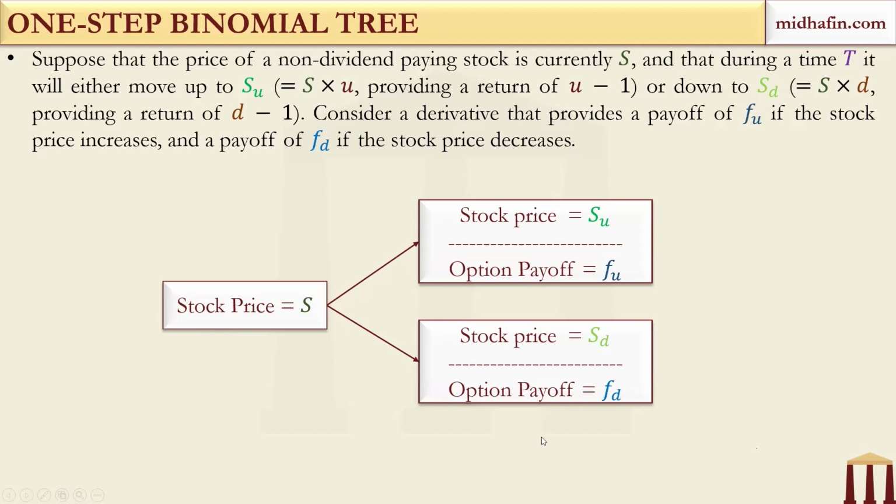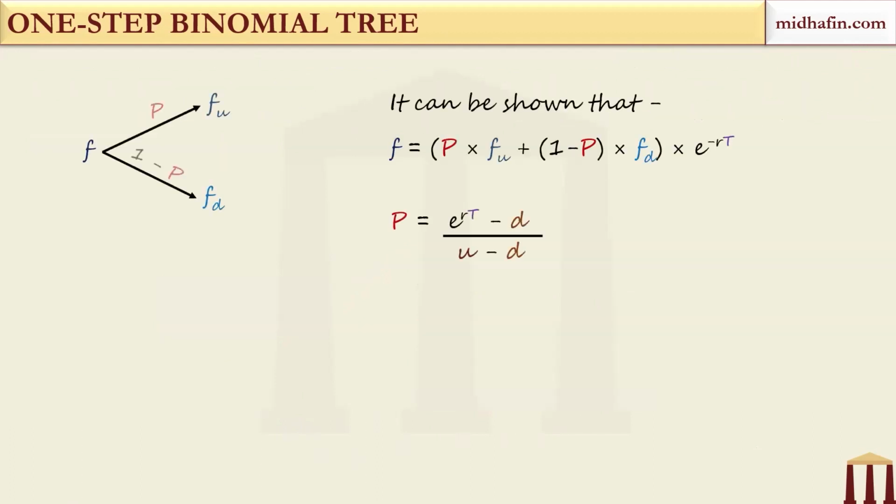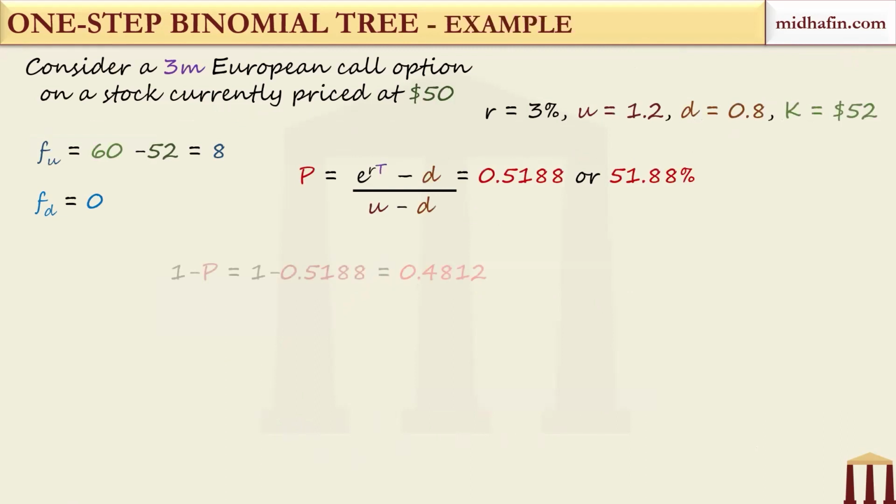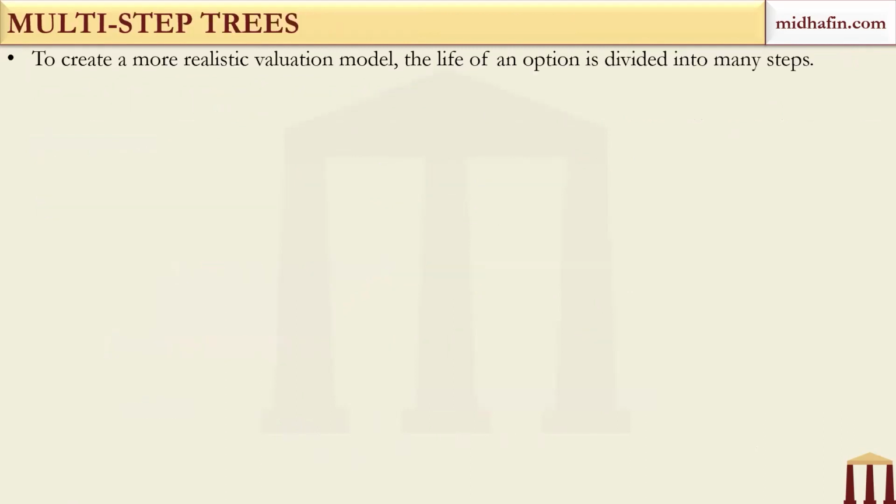This is at time period 1 or T. Here we have only one node and 2 boxes. If I reduce the time period between node A and these 2 boxes, I'll increase the efficiency. At maturity, I'll have multiple boxes available, multiple possible outcomes for the stock prices. That's what we do in a multi-step tree.